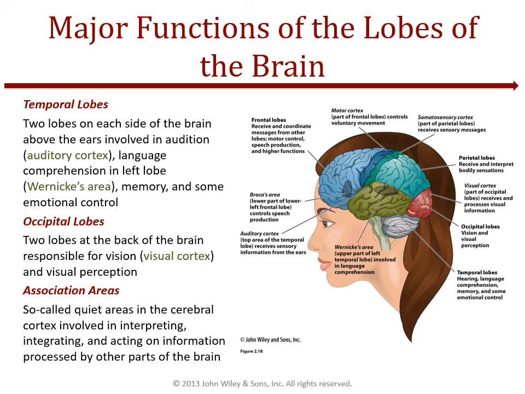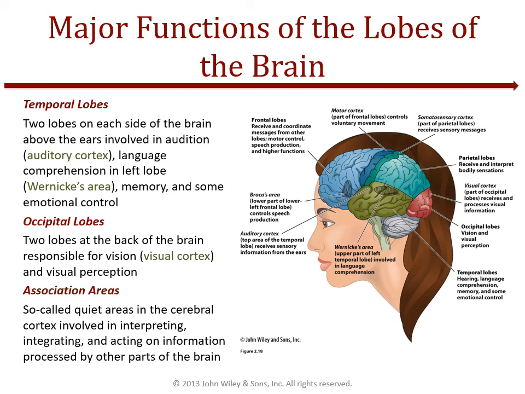When I say uncommitted, that means there's no precise specific function that's responsible for electrical brain stimulation. But it doesn't mean these areas are not active. They're not dormant. They're involved with interpreting, integrating, and acting on information that's processed by the other parts of the brain.